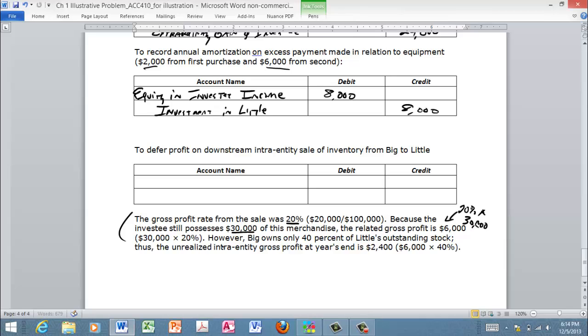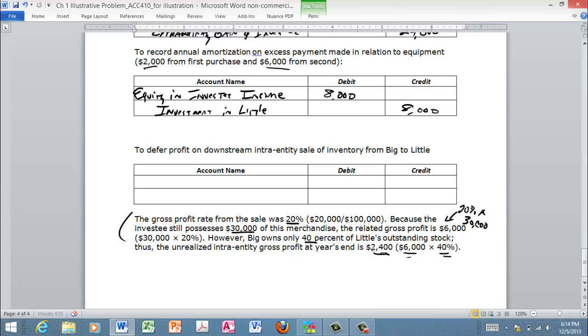Okay. However, Big only owns 40% of the stock of Little, and so my unrealized intra-entity gross profit at the end of the year is $2,400. There's my ownership percentage, and there's the $6,000 of profit on that $30,000 of remaining merchandise. So remember that you have to always contemplate what is my respective ownership percentage.